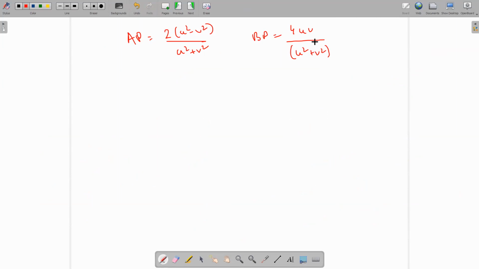And if we denote the sides of the triangle as a, b, c, then... I denote m as u square and n as v square.